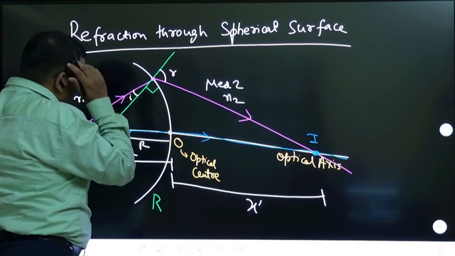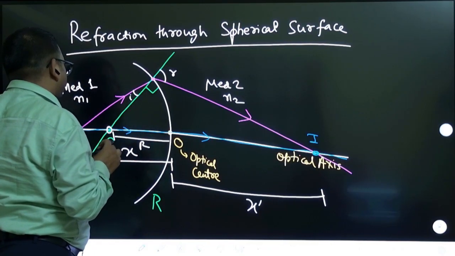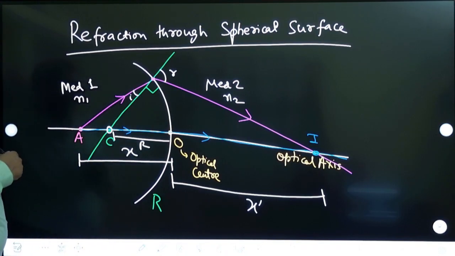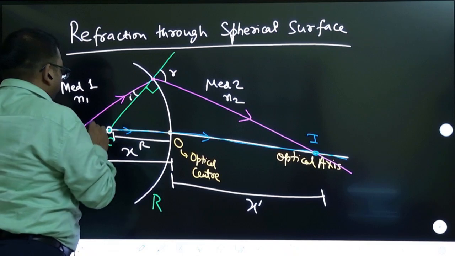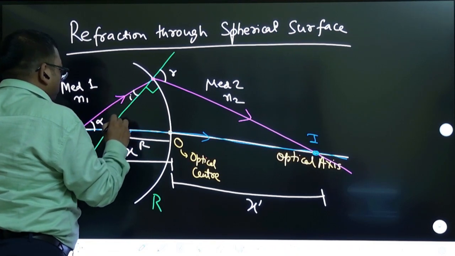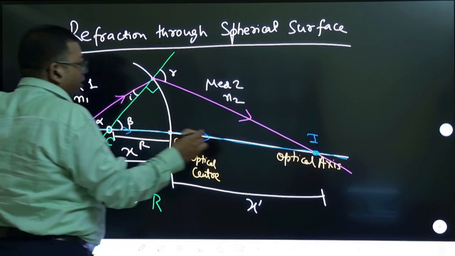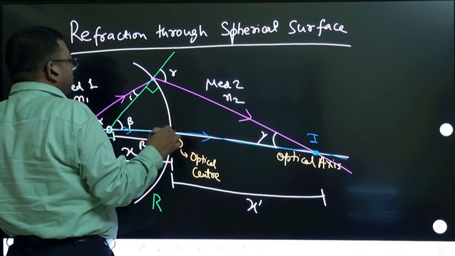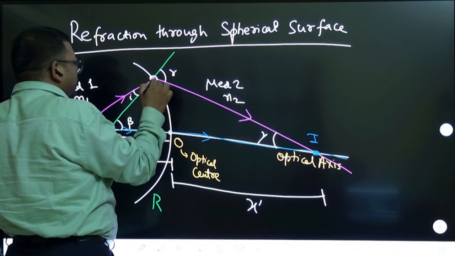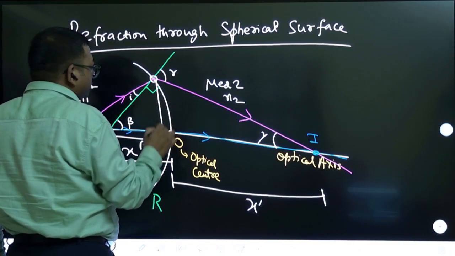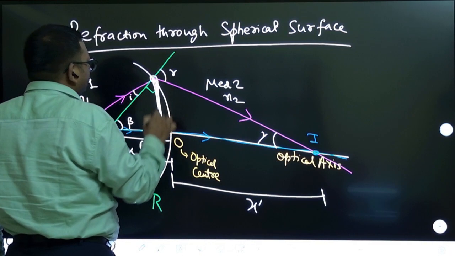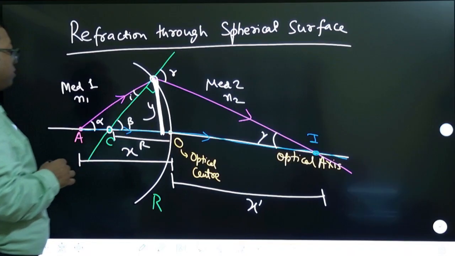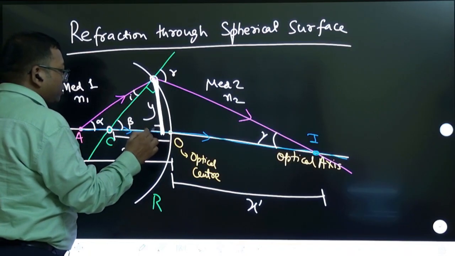So how do we find the relationship? Let us try. Let this angle be alpha, this angle beta, and this angle gamma. Note that these are paraxial rays, so the point where the ray hits is very close to the axis, and this is almost like a straight line. Let us say this straight line has a length of y, and of course it is perpendicular here.